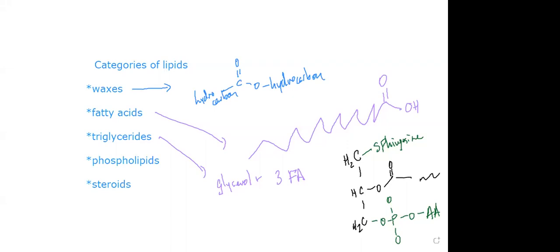So it's not going to be glycerol, it's going to be sphingosine. Sphingosine has a nitrogen group in that middle position instead of an alcohol group. And so you end up making an amide bond instead of an ester bond in the middle there.